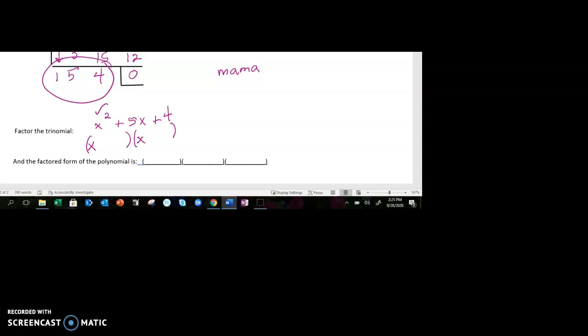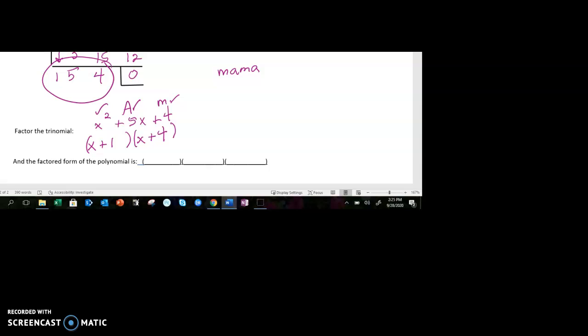I'm looking for two numbers that multiply together to give me 4, but they add together to give me 5. So what would those be? I think plus 1 plus 4. They multiply together to give me a positive 4, but they add together to give me 5. So 1 plus 4 is 5.